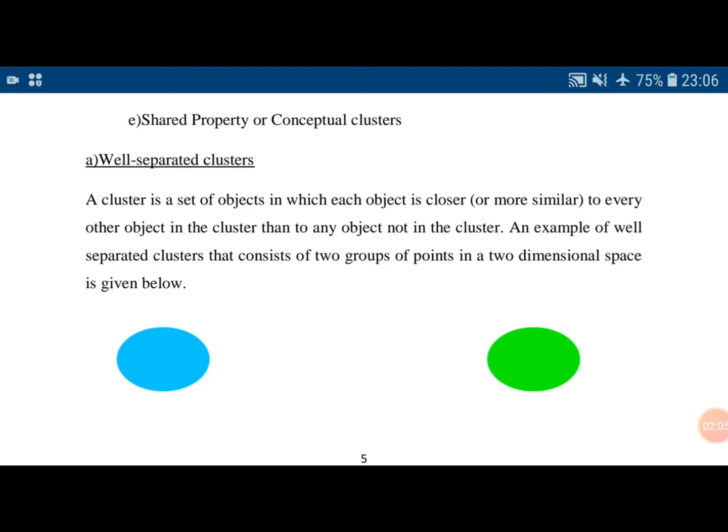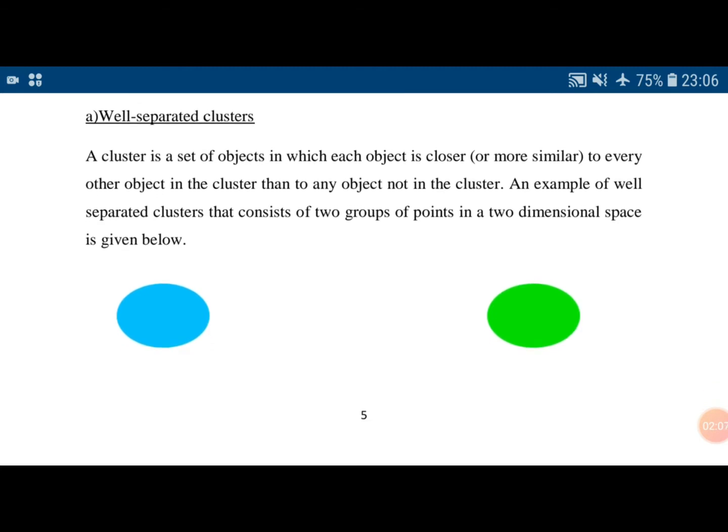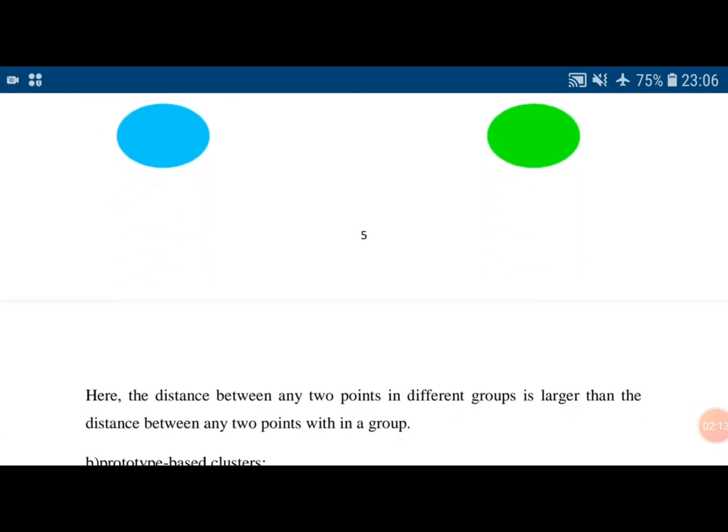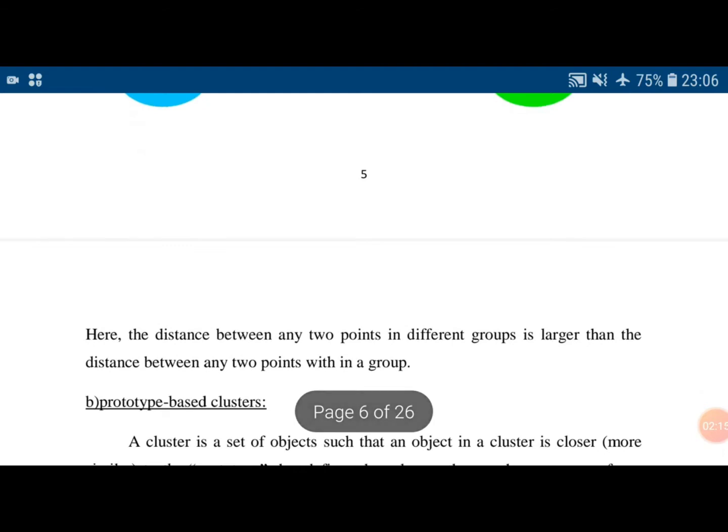An example of well separated clusters that consists of two groups of points in a two-dimensional space is given below. Here the distance between any 2 points in different groups is larger than the distance between any 2 points within a group.